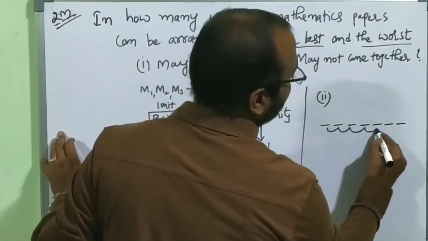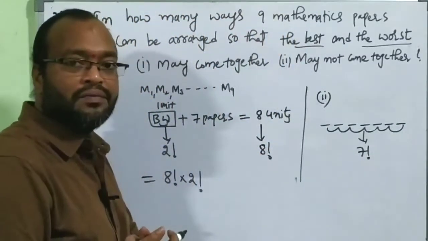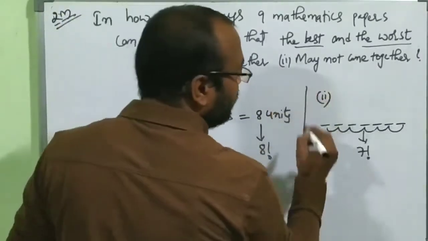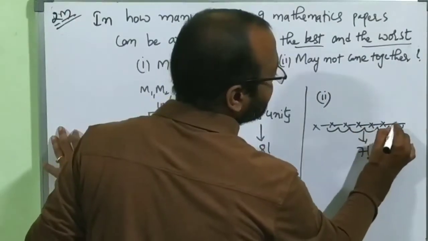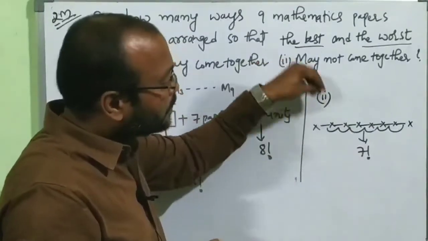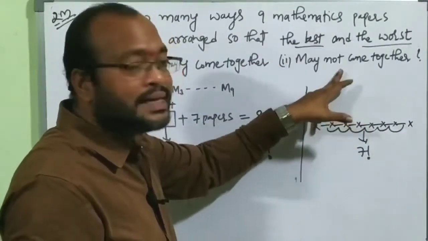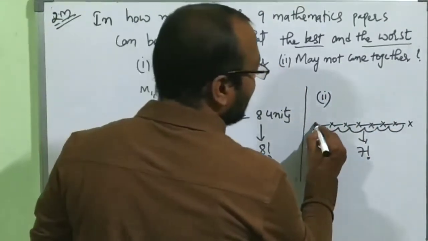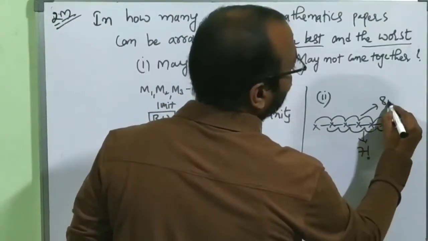These 7 papers we can arrange in 7 factorial ways. Is it clear? Now the best and the worst may not come together. That means for them 1, 2, 3, 4, 5, 6, 7, 8 choices are there. If we put the best and the worst paper in these places, then automatically it satisfies the condition. 8 choices are there, 2 papers are there. We can arrange the best and the worst papers in 8P2 ways.